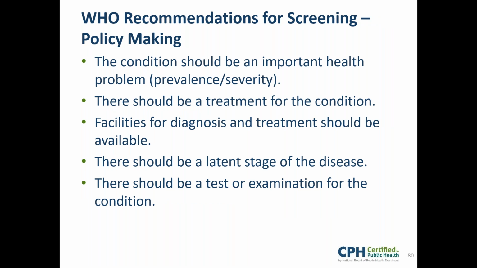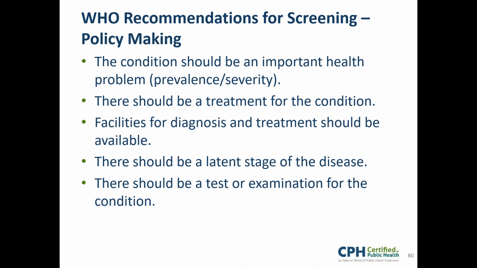So the World Health Organization has some recommendations for screening and policy making. So the condition that you're screening for should be important. There should be a high prevalence, and it should be considered severe. There should be a treatment, because imagine if you screened for a disease and found people that had the disease and there was no treatment, what would you do?